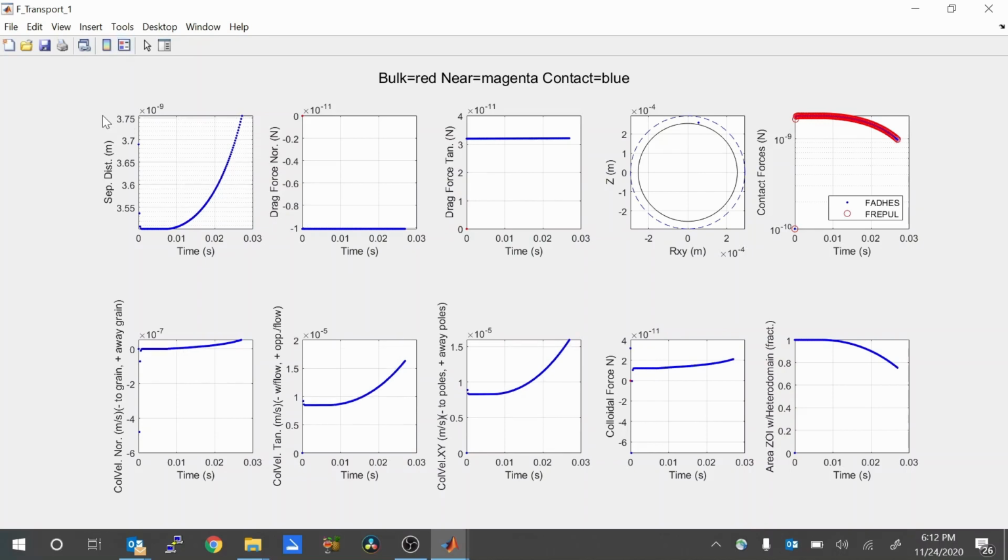But the contact forces have now dropped below a nanonewton. And so this thing is starting to lose its contact with the surface. What we don't have plotted here is the contact area, but that is also decreasing as the contact forces decrease. In other words, the deformation of the colloid is decreasing.